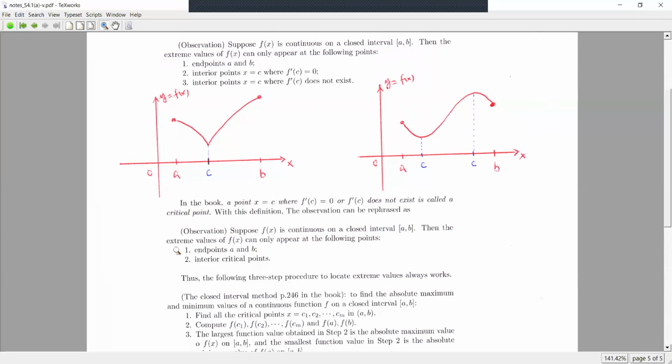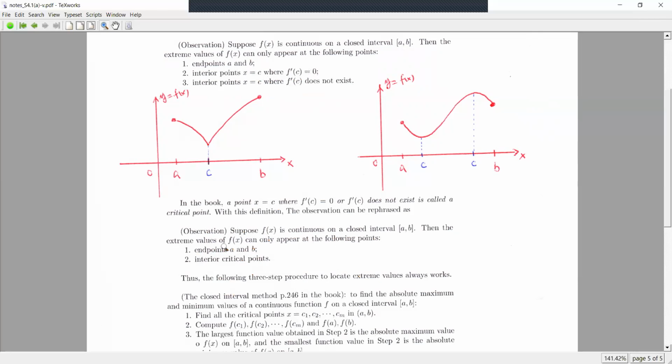Then the maximum and minimum values of the function can only appear at the following points: endpoints, and interior critical points. This is a critical point. This is a critical point.